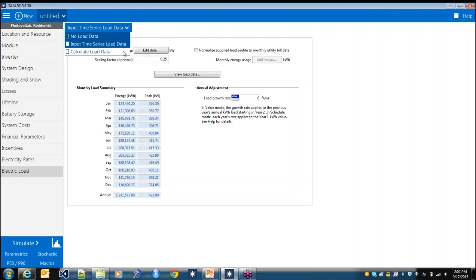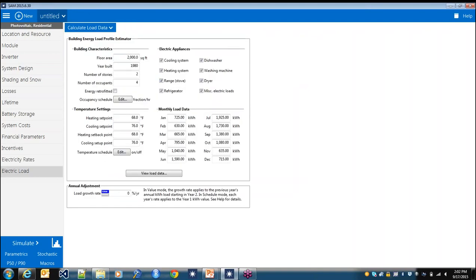And that option asks, instead of for hourly data, it will ask you for characteristics about the building that you're modeling. It's currently only available in the residential model because the assumptions that are underlying this model are very specific to residential buildings rather than commercial buildings.